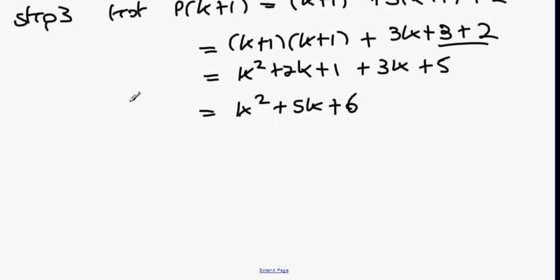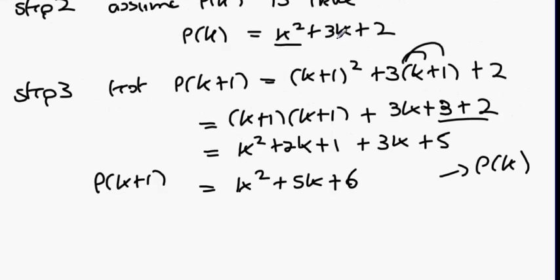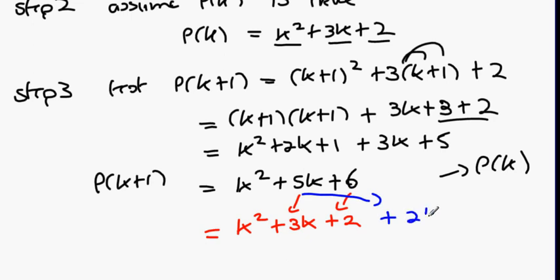Now, what I have to do when I get P of k plus 1 is pull out P of k. Now what is P of k? P of k is k squared, 3k and 2. So I'm going to use k squared, break that up into 3k, break that up into 2, and then over the other side I'm going to put the other 2k, and the other one is 4. 2k plus 4 over the other side.